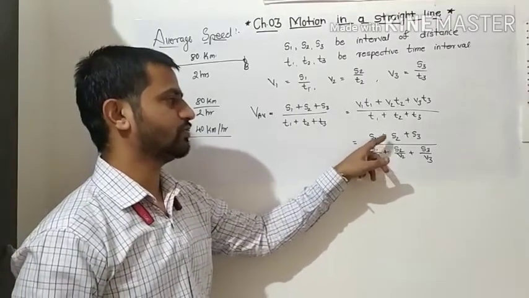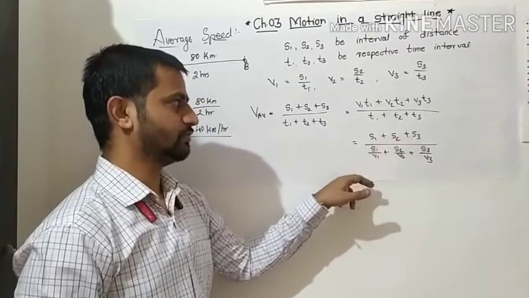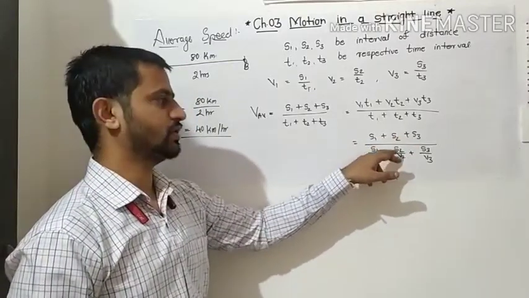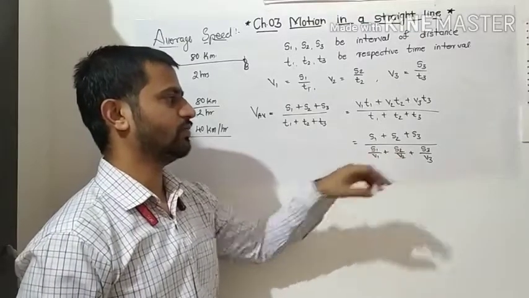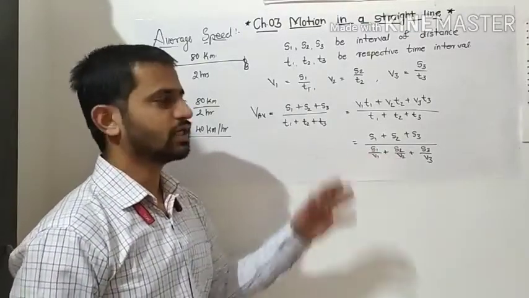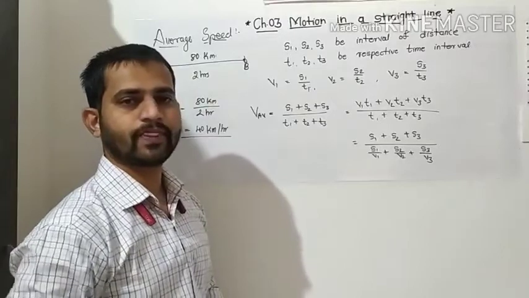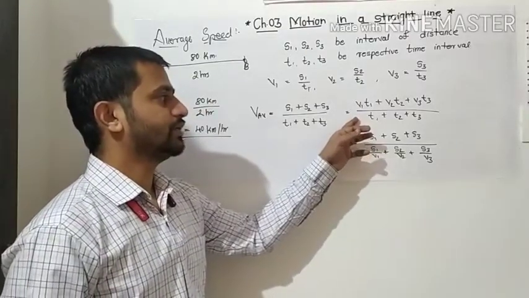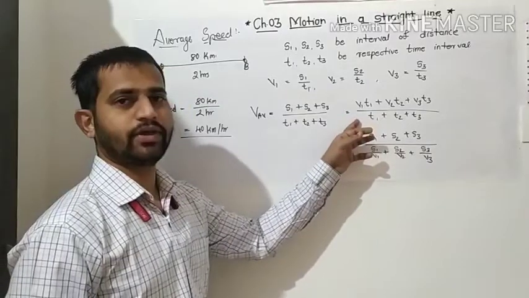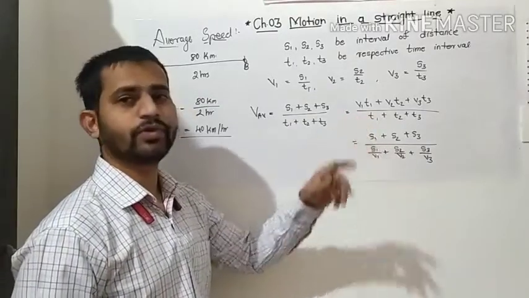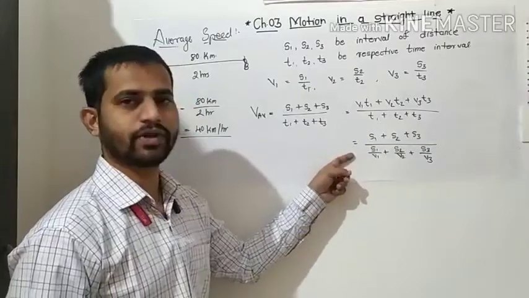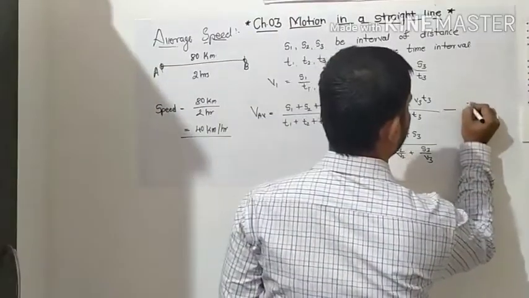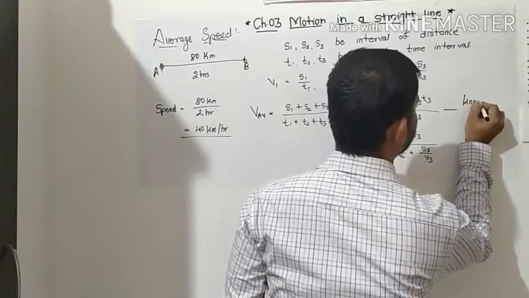So we can write S1 plus S2 plus S3 upon S1 upon V1 plus S2 upon V2 plus S3 upon V3. If we know the particular time interval, we can go by this step. If we know the particular distance interval, we can go by this step. So this equation is for knowing the time interval.